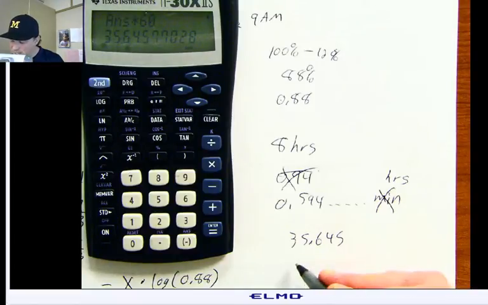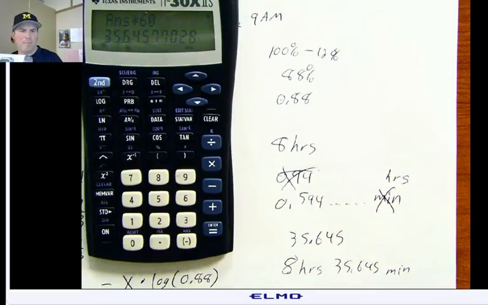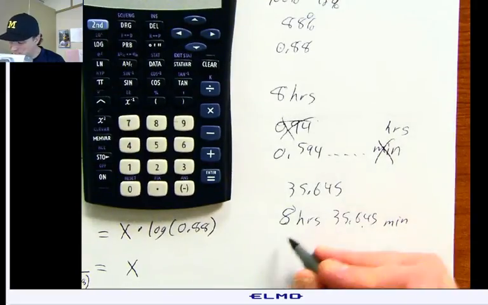So what you'd say is, it's 8 hours, 35.645 minutes, but you wouldn't answer with a decimal either. You just say, 8 hours 35 minutes or 8 hours 36 minutes.